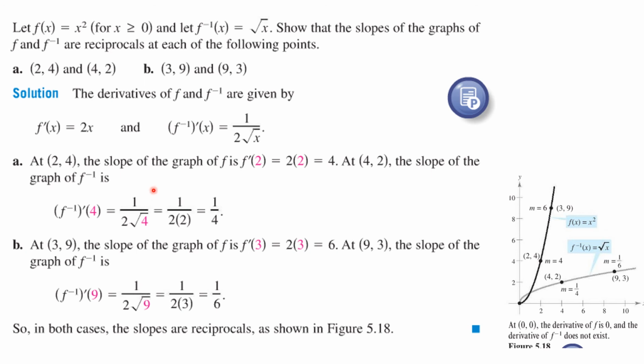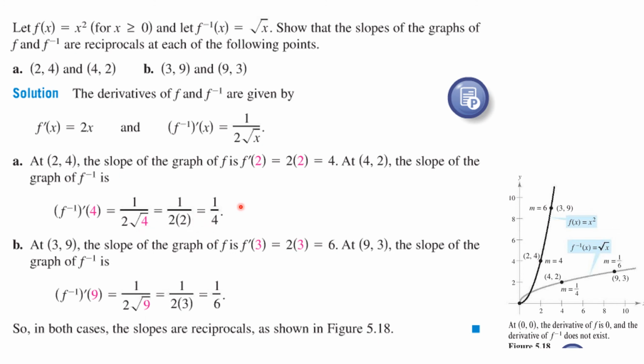So what you should do is at 2, 4, the slope of the graph is f prime at 2 is equal to 2x. You substitute 2, you get 4. Now at 4, 2, the slope of the inverse is f inverse prime at 4 is equal to 1 over 2 times the square root of 4, and that's going to end up being 1/4.